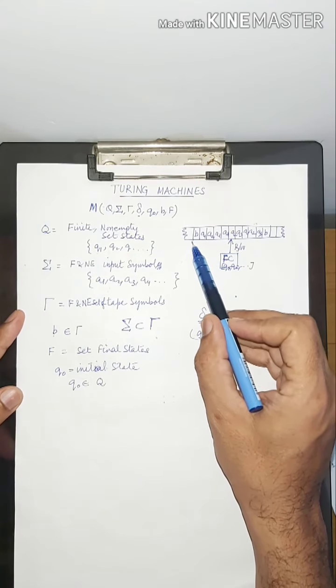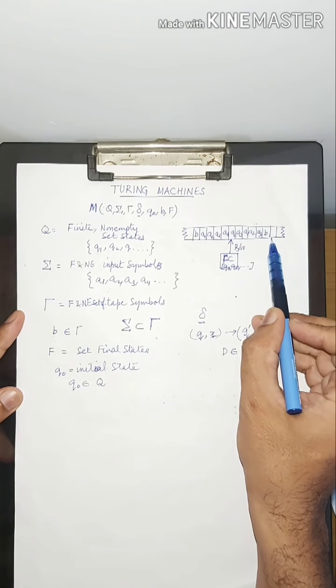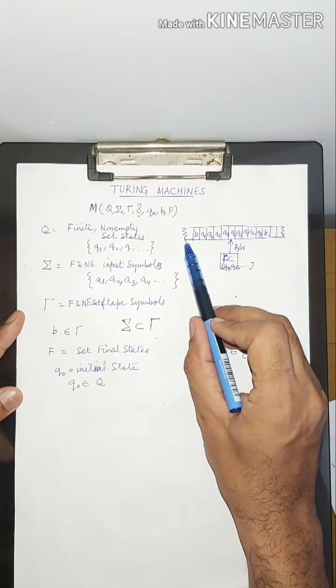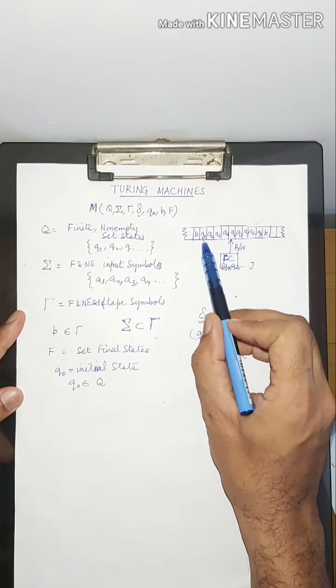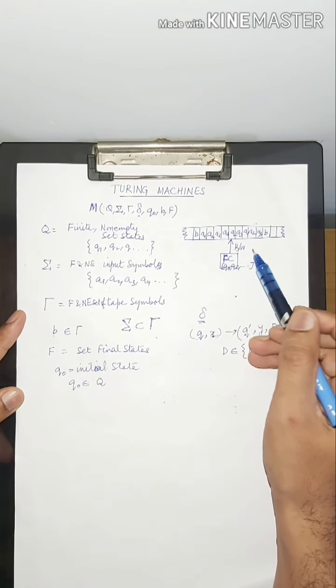A Turing machine has a tape as its first component. The tape is infinite from both the sides. This is indicated by these symbols. So it goes on this side also and goes on this side infinitely.